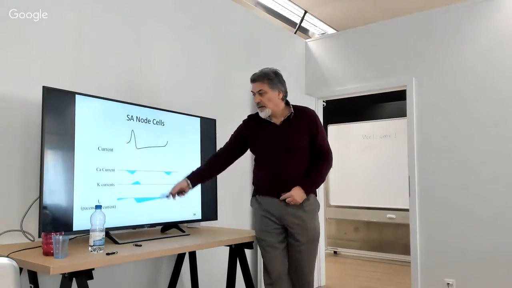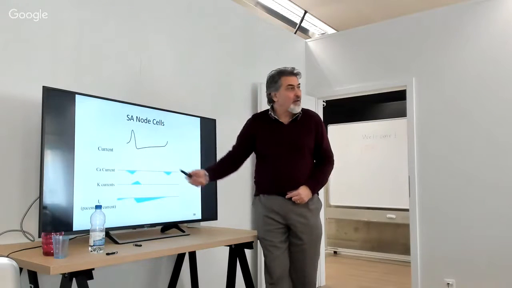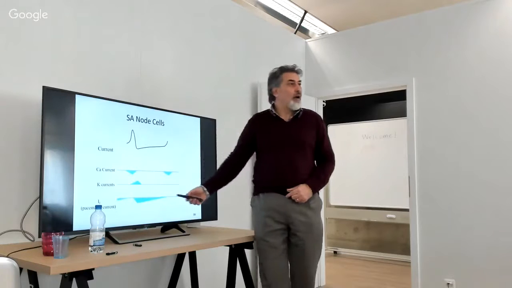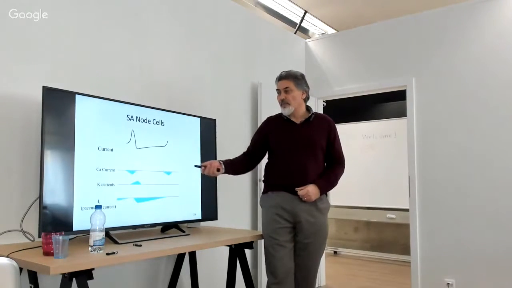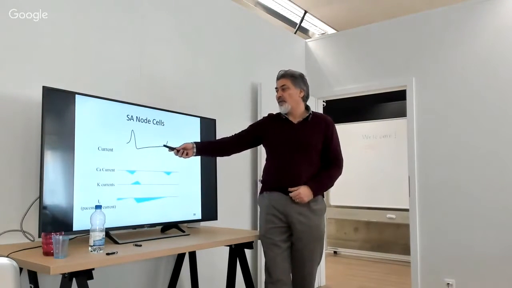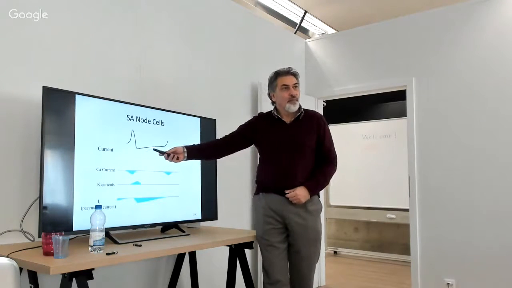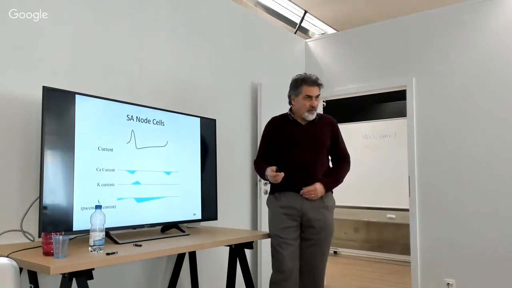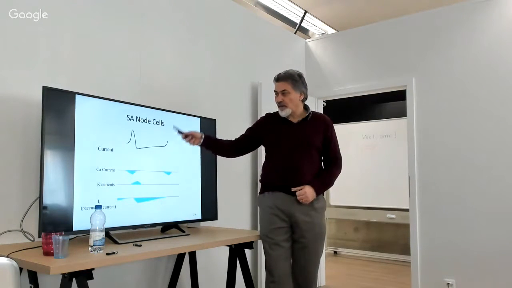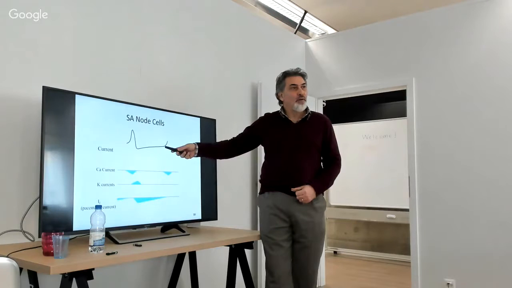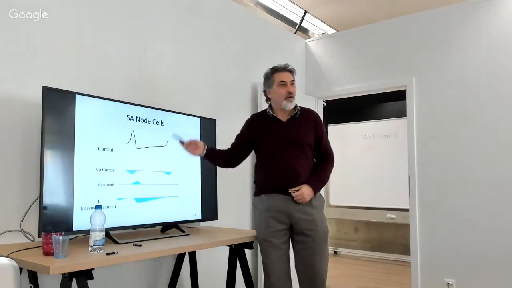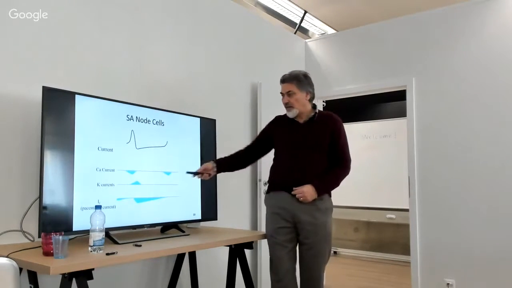Then during the hyperpolarization, the funny current starts. This is the most important current that determines this slow depolarization, this slow prepotential. When we are at the threshold for the opening of calcium channels, we have the phase 0 again.